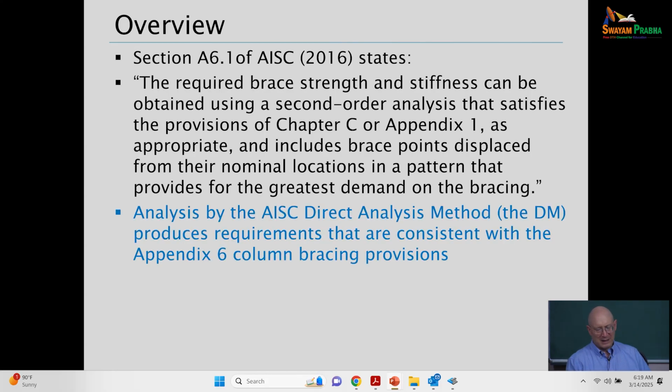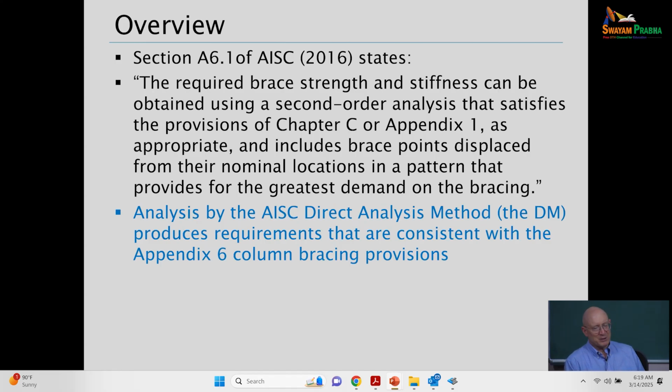Essentially, that sets up that, look, if you've got a situation where you want to verify, am I using the equations in Appendix 6 correctly?